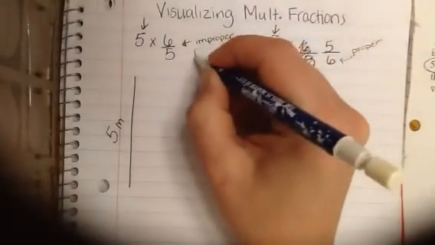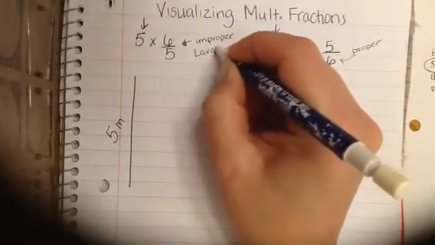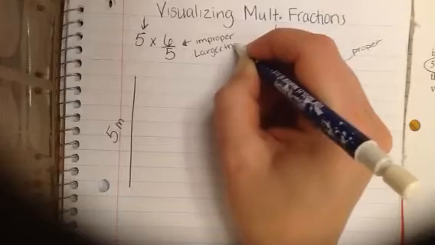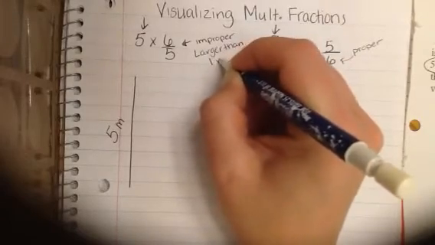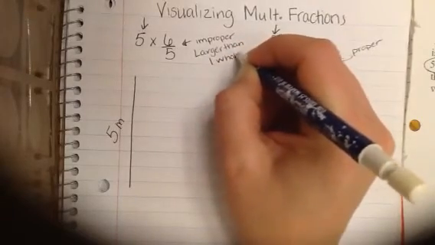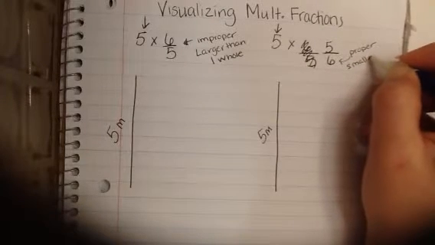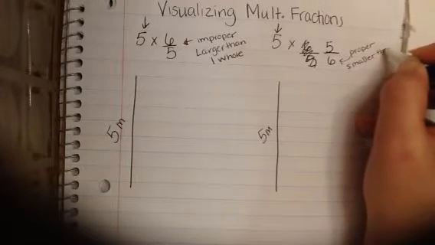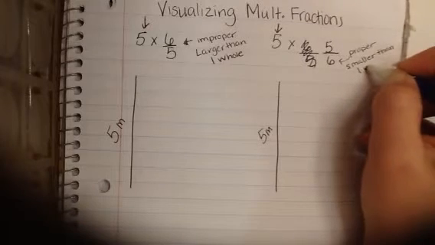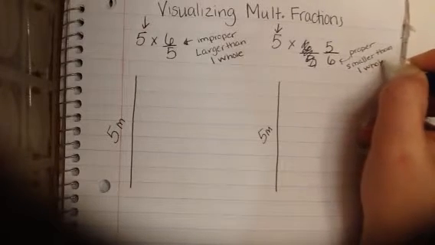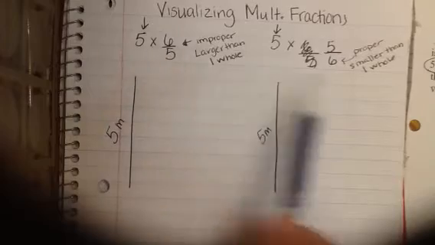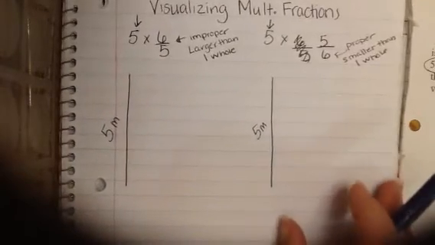So this means it is larger than 1 whole. I know this is smaller than 1 whole. This one's larger than a whole, this one's smaller than a whole.